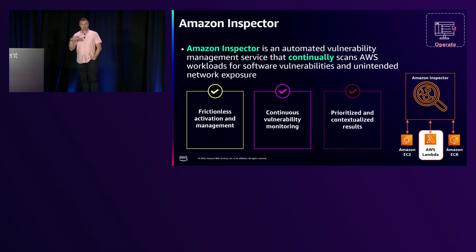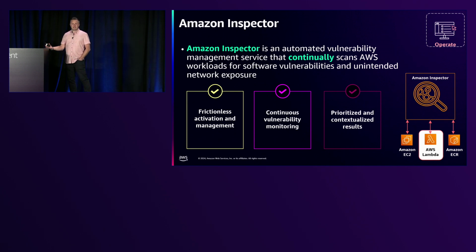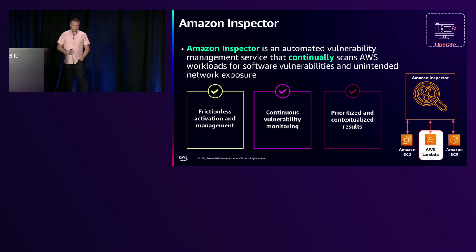It's going to tell you which account the resource is in, which region, which type of resource we're talking about. Is this a Docker image in an ECR repository? Is this a Lambda function? Is this an EC2 instance that has a vulnerability in it? You'll also get detailed information about the severity of the vulnerability, details about the package that has the vulnerability, and details on the CVE that's included with it.